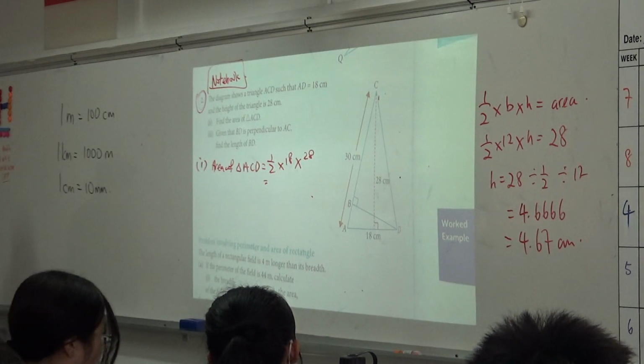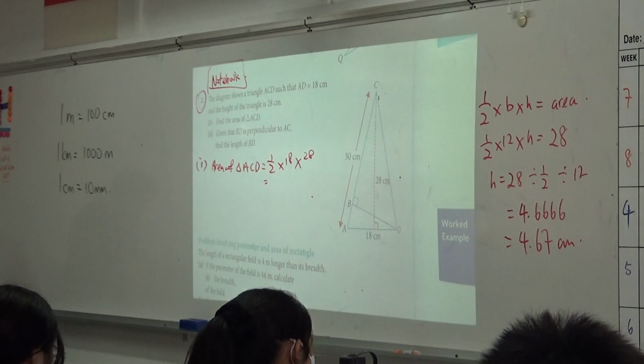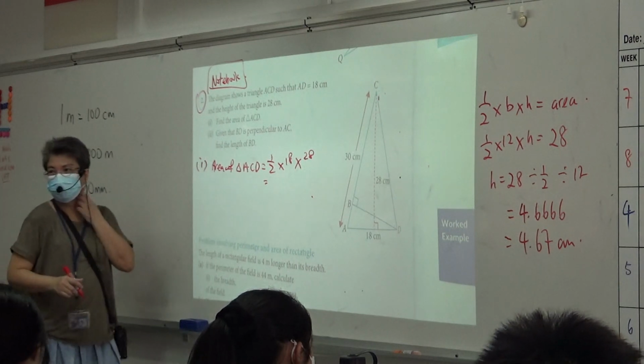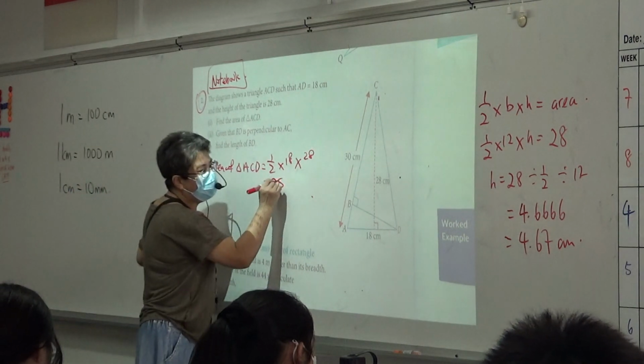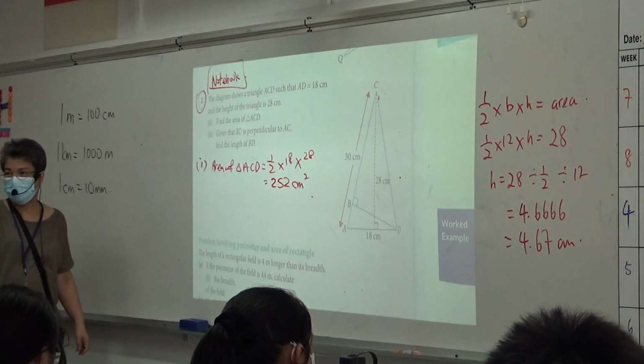So Tyler will be our calculator for today. 252 cm squared. Because it's the area.